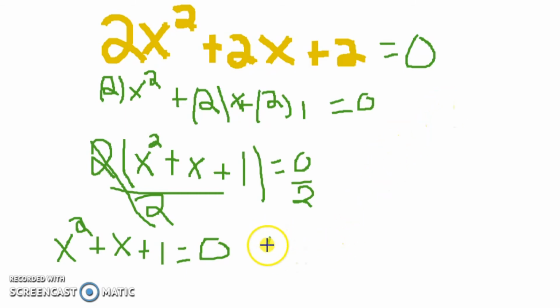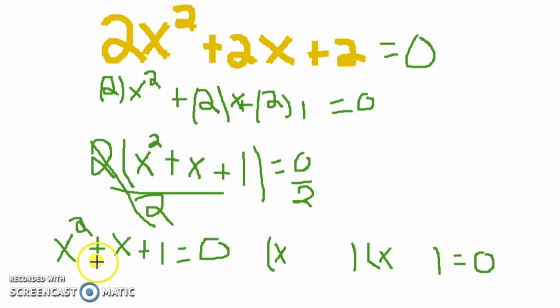And now we've got to set up like our last problem. So we're going to set up our pair of parentheses. Since we just have x squared, we're going to put an x in the front of each pair of parentheses. Because x times x is x squared. So now we're going to look at our last term, and the sign is positive.